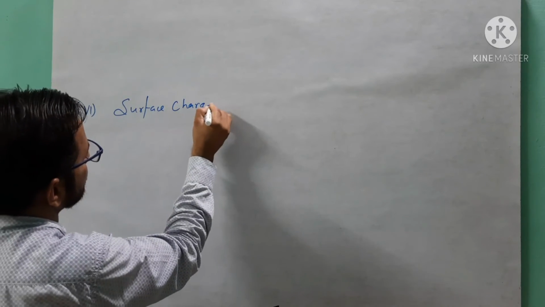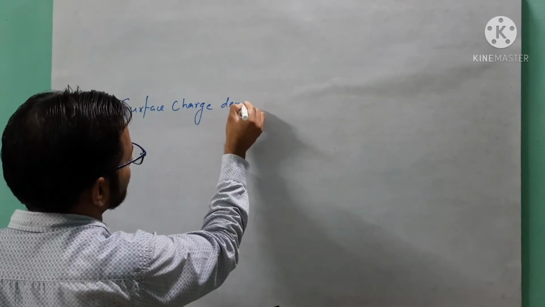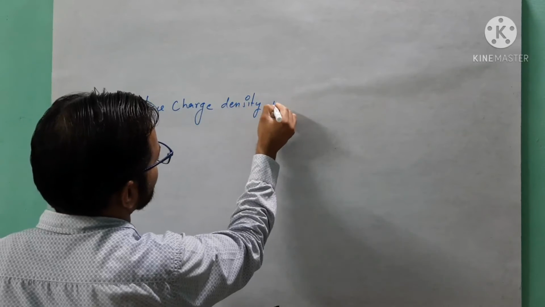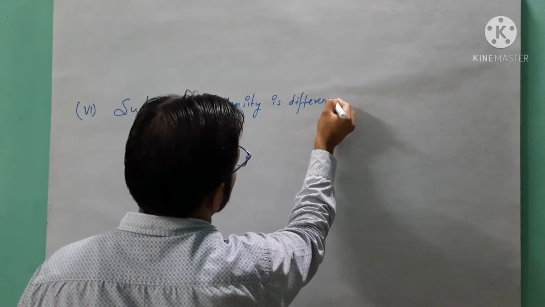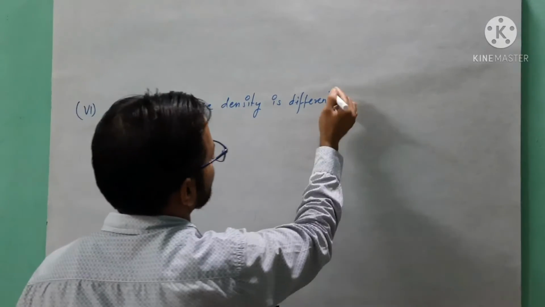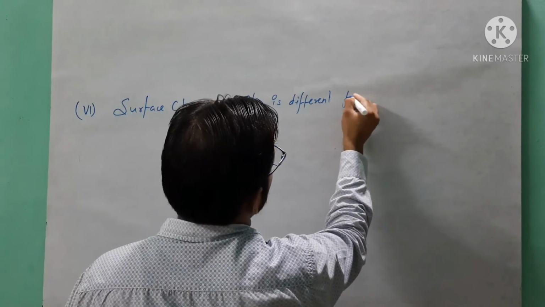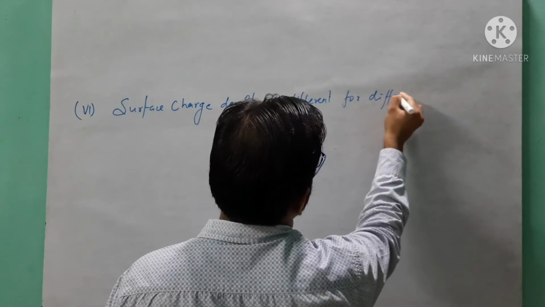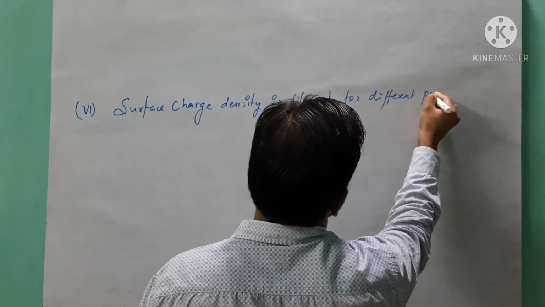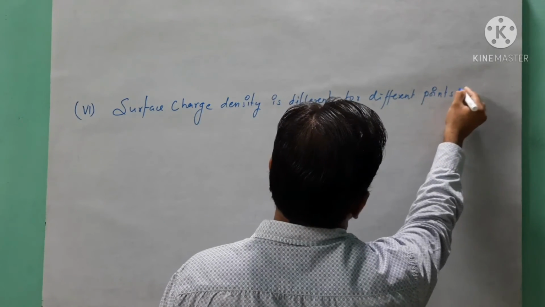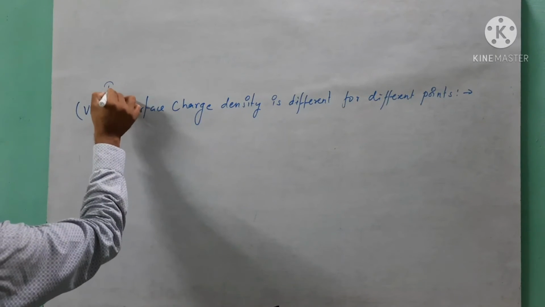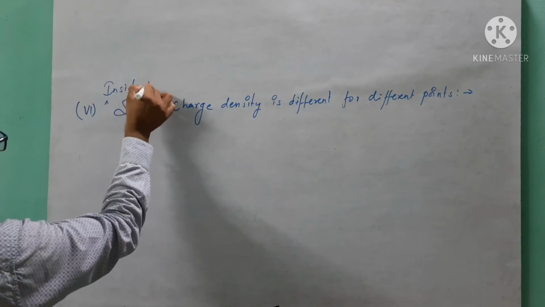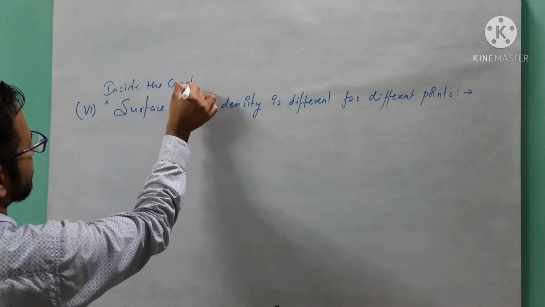Surface charge density is different for different points, and we are talking about the condition inside the conductor.